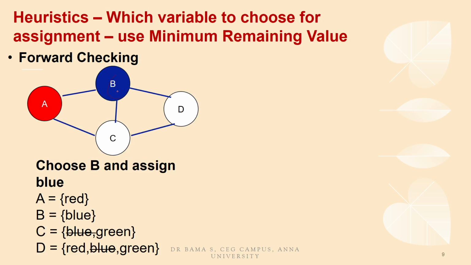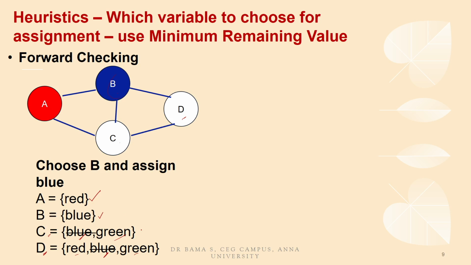Now, in the next step, suppose we assign blue to B. Then red is assigned to A and blue is assigned to B, which means C cannot be blue and D also cannot be blue. So, the minimum remaining value for C is green and for D it is red and green.